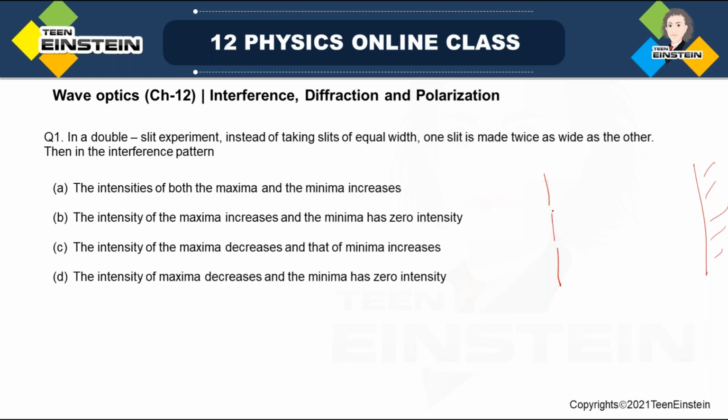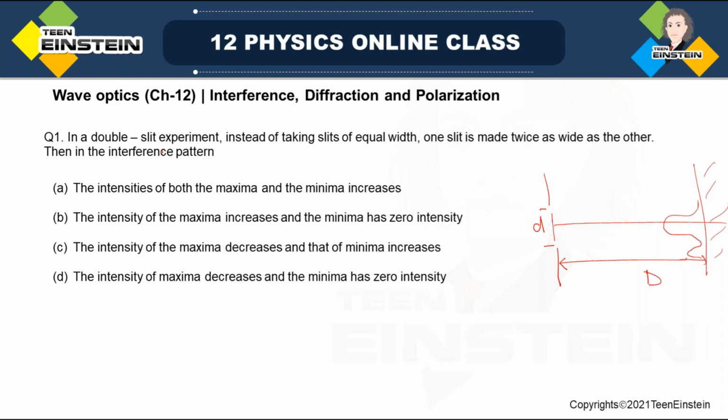The central maxima will be like this, and then you will have alternate maxima and minima, bright and dark fringes. That is what we know. The distance between the slits is generally written as d, sometimes d by 2 or 2d, and the distance between the screen and the slits is capital D.